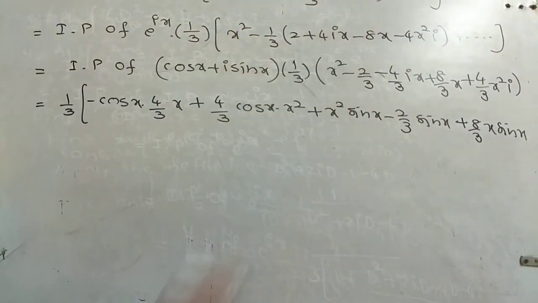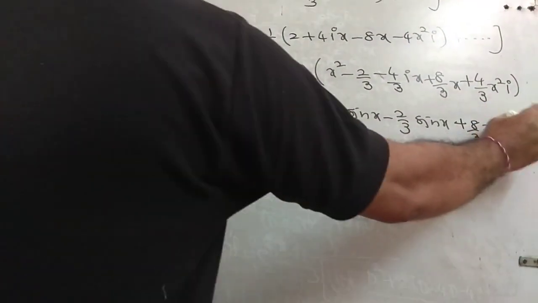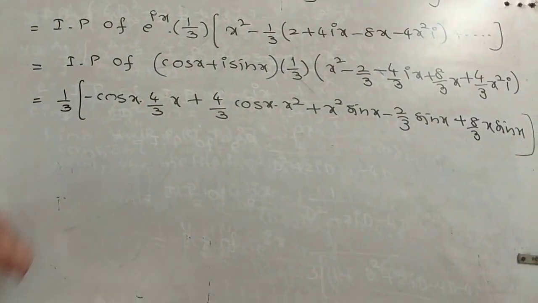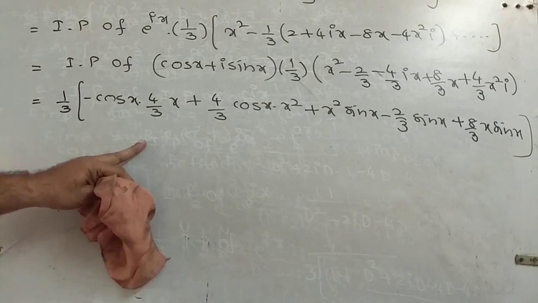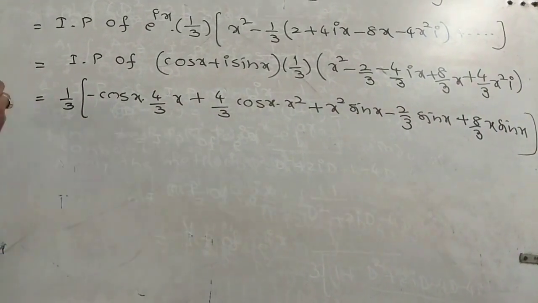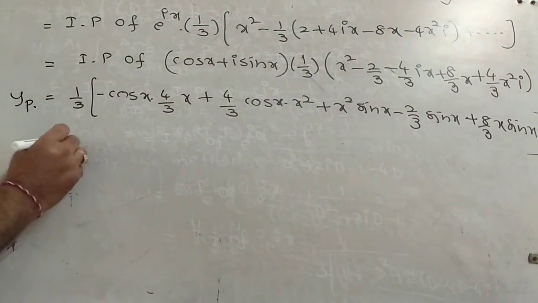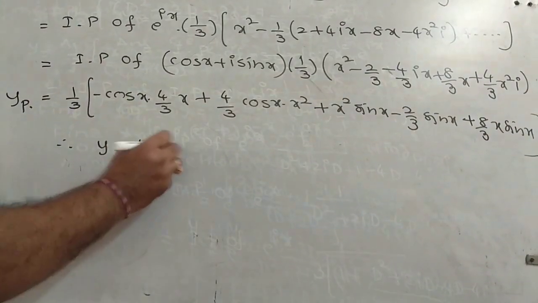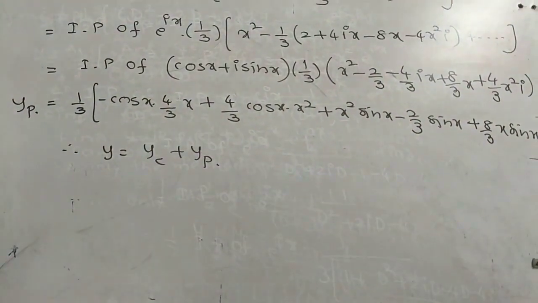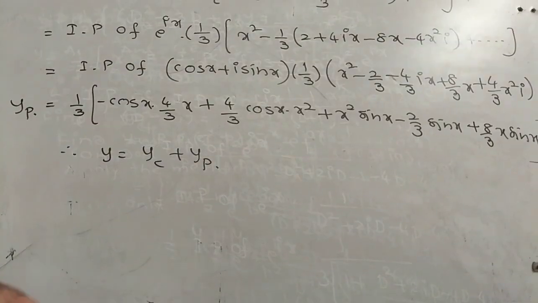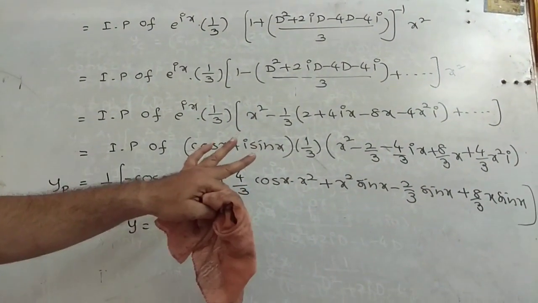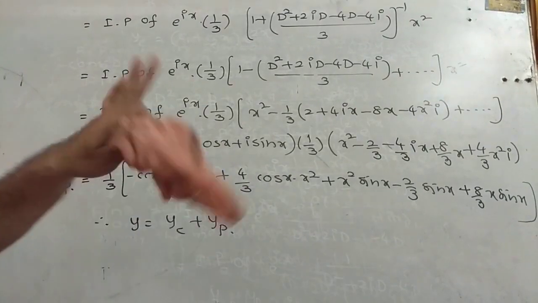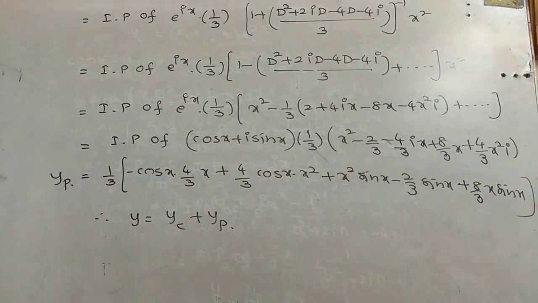And if it is multiplied to the last one, you will not get an i term. So this is nothing but only taking the imaginary part of the corresponding simplifications. This gives you the complete yp. So after getting that, just write down y equal to yc plus yp. Once again, I remind you, when you are taking the imaginary part, write down only the i combinations. If it is the real part, without i combinations, you need to write down those values.